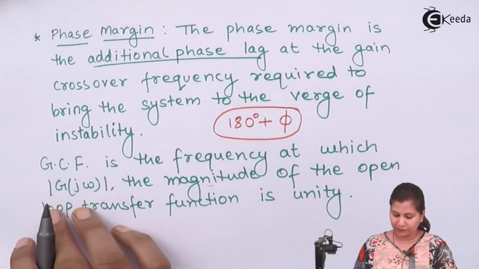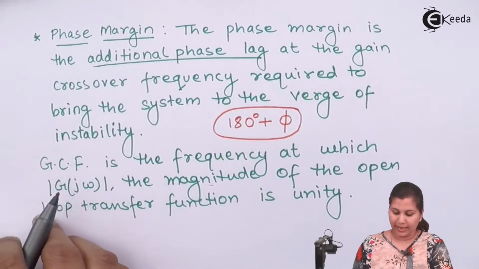Now next specification is gain margin, and both these specifications, gain margin and phase margin, are very important whenever we are describing the system in the frequency domain.